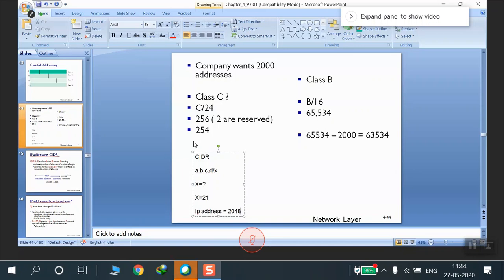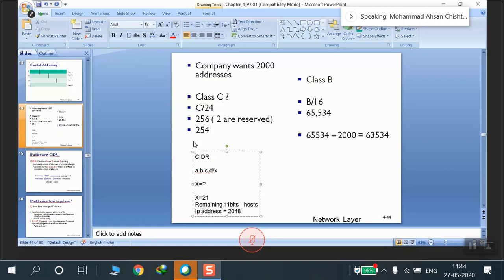So the first 21 bits specify the organization's network address, common for all PCs in the organization, and the remaining 11 bits would identify the host.